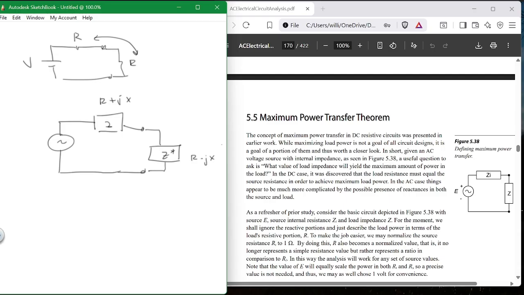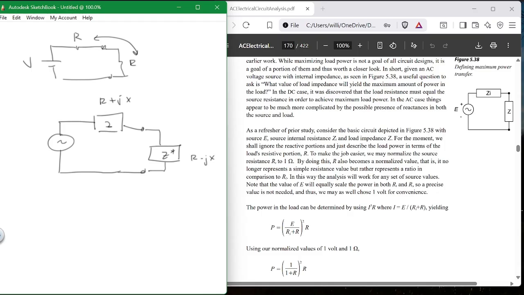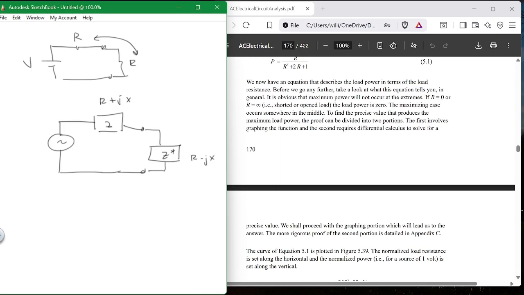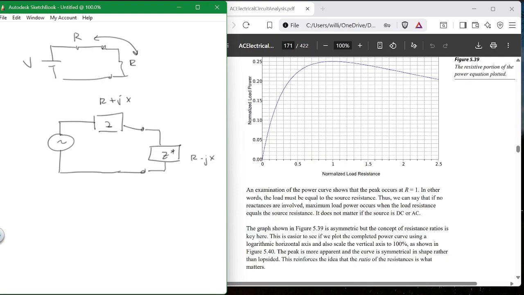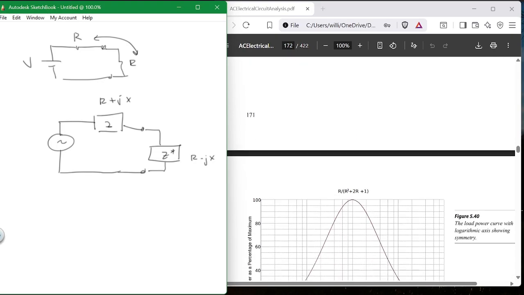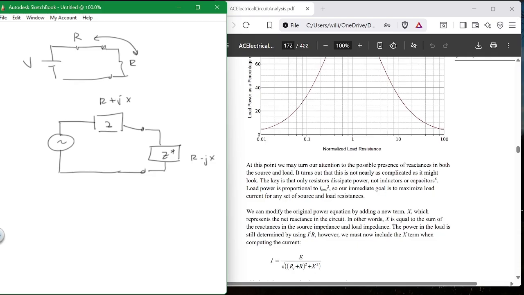This is the plus J, this is the minus J, or if this is the minus J, this would be the plus J. This is called the complement. It's the complex conjugate, but it's the complement of it.